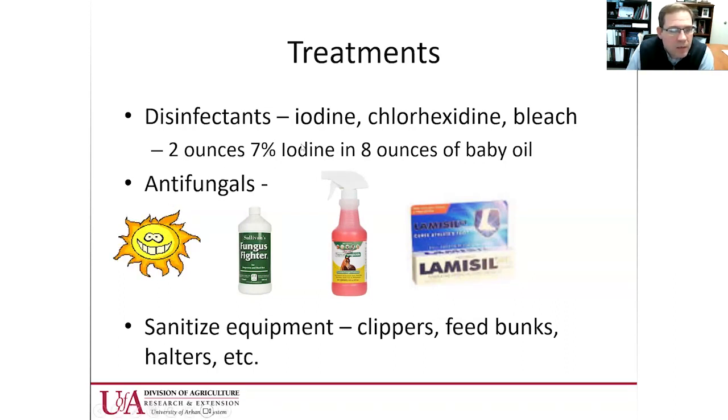It seems to work fine to help it dry up. I've put 7% iodine, which is fairly strong iodine, so you only use a little bit. You put 2 ounces of 7% iodine into an 8-ounce bottle of baby oil and mix that up.